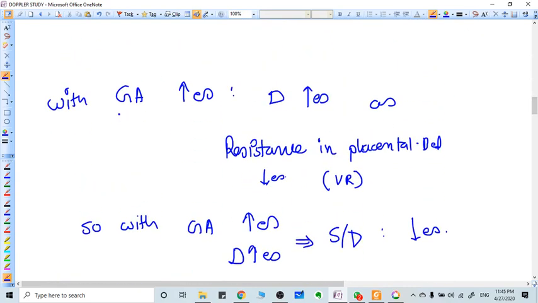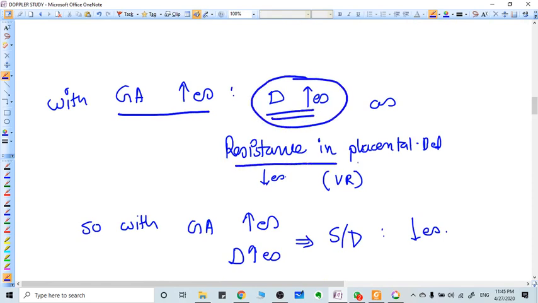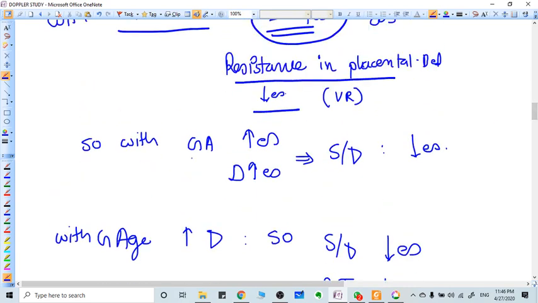See here, when the gestational age increases, the diastolic flow increases. Why? Because there is a decrease in resistance of the placental vascular bed because of the bigger and bigger arteries and veins. That means the diastolic flow will also increase with the gestational age, and that's why the SD ratio decreases.